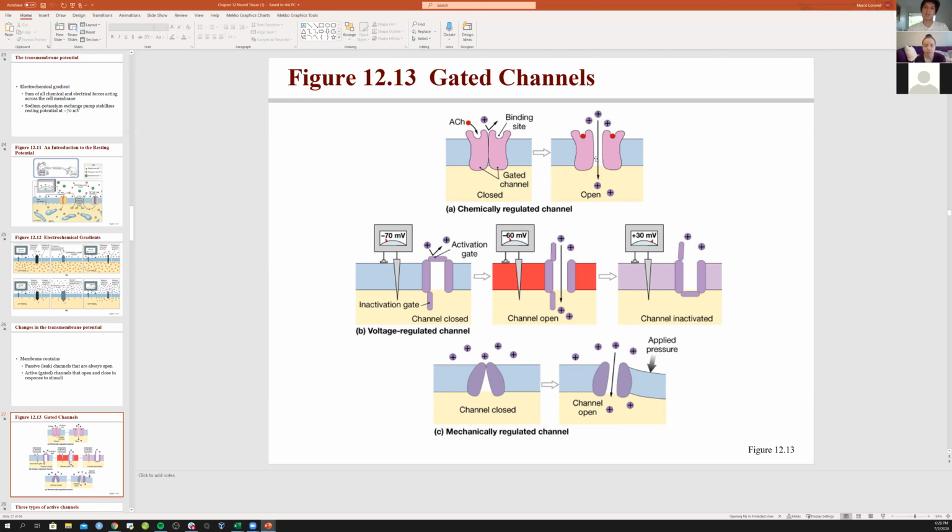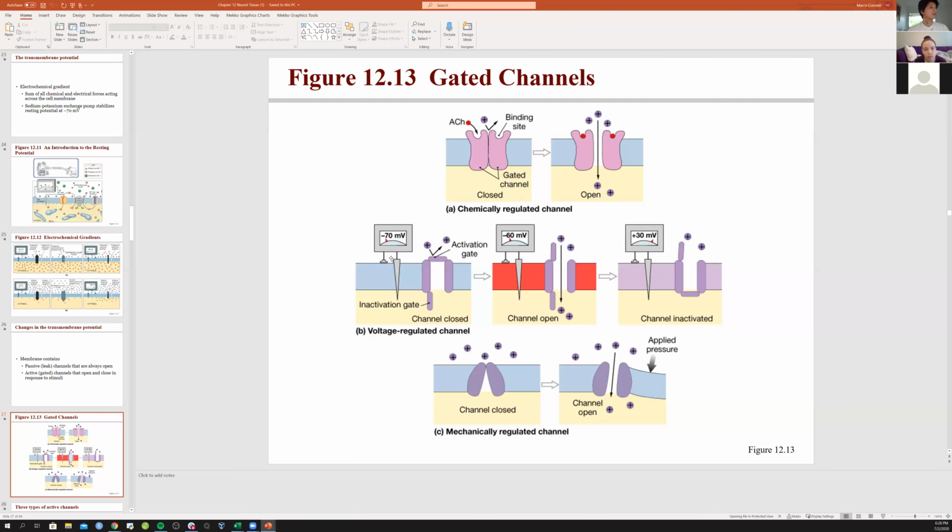Potassium? Chloride? In this example, this is a sodium channel. So acetylcholine binds, the channel opens, and it allows sodium. That leads to a change in the potential of the cell, a change in the charge of the interior of the cell.